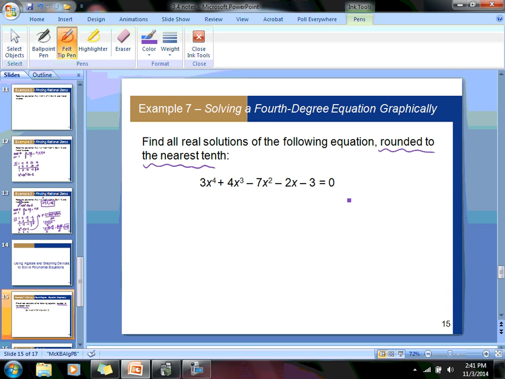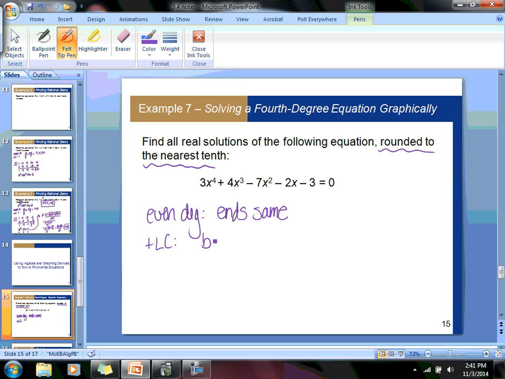What does that mean? What's my lead coefficient? Okay, so my degree is 4, so I have an even degree. So that means the ends are going to be going the same direction on my graph. My lead coefficient is a 3, so I have a positive lead coefficient.